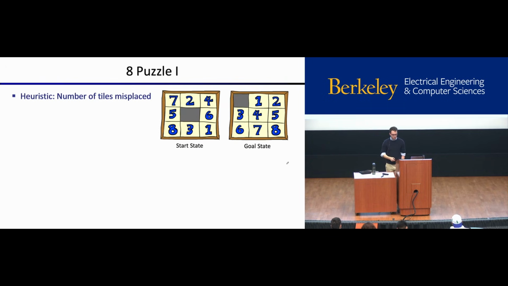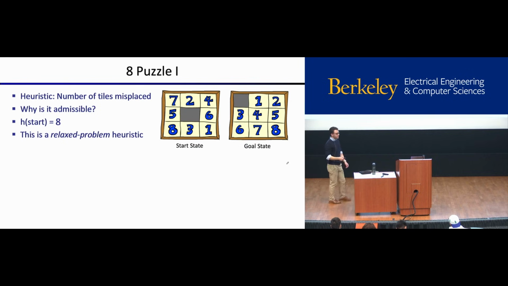Why is this an admissible heuristic? Well, one way to think about it is that it's solving a relaxed problem. The relaxed problem is that I can move any one of these tiles directly to where it needs to go in exactly 1 move. And that's a lot easier than, what is that?